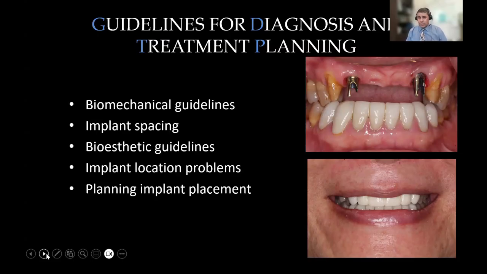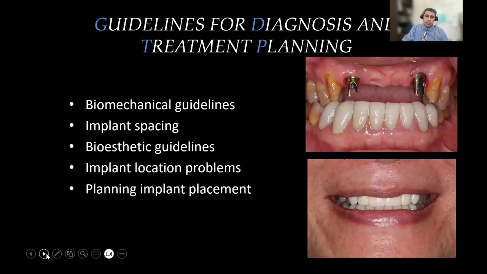There are also bioaesthetic guidelines to achieve or maintain aesthetics. Do you have implant location problems, particularly with adjacent structures and vital structures? And again, plan implant placement with very good communication between the restorative dentist and the surgical dentist, unless you're doing both, to achieve very good outcomes.